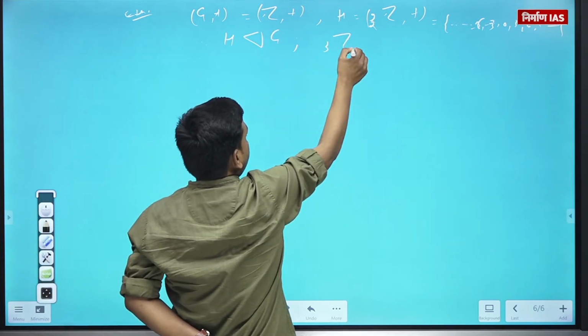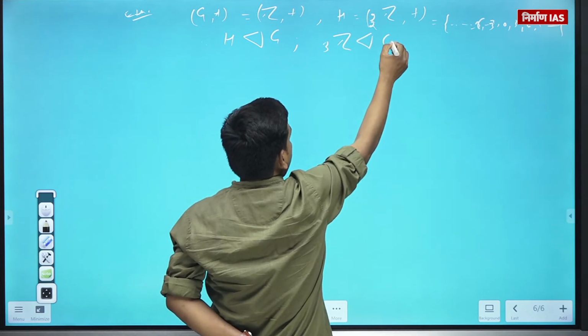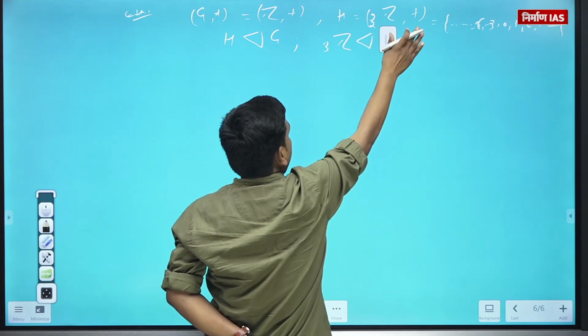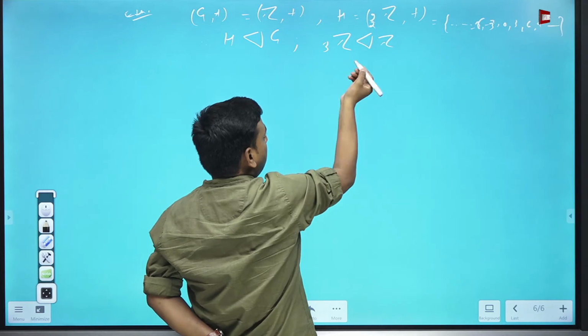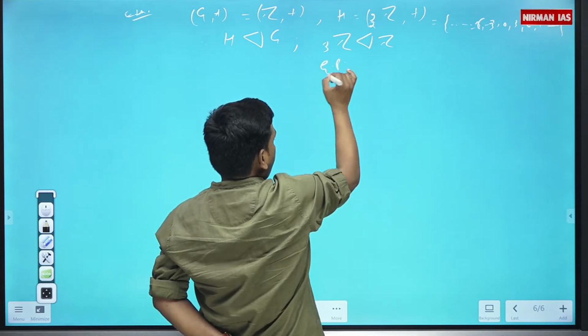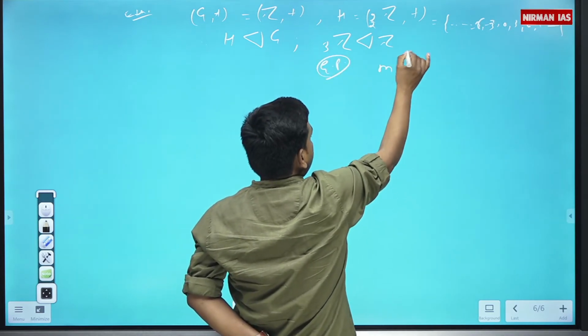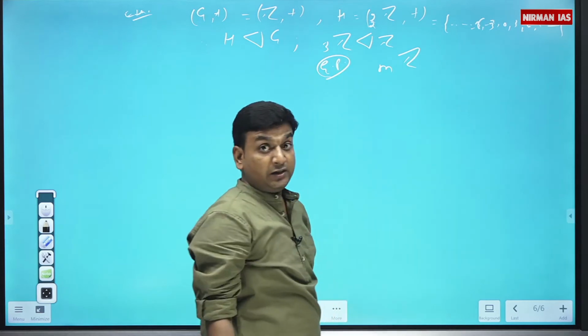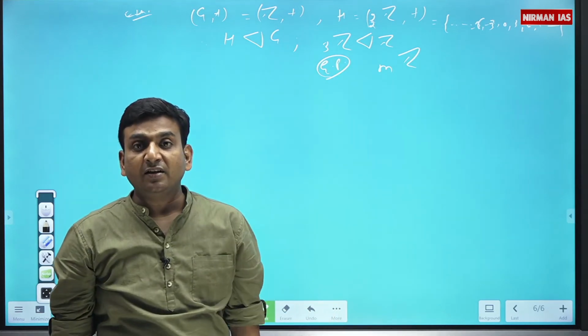That means 3Z is a normal subgroup of Z only. Exam point, if you want, you can write it down here: MZ. I've already told you what the subgroups of Z are.